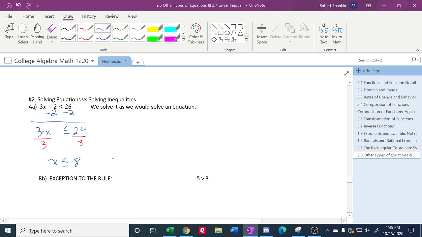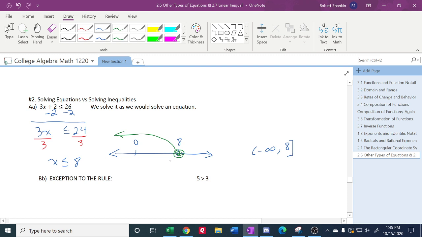Now, we know that there are 3 ways to display this answer. You can do it as an inequality, on a number line, everything to the left of 8. Or you could display your answer as interval notation. 3 ways to state your answer.